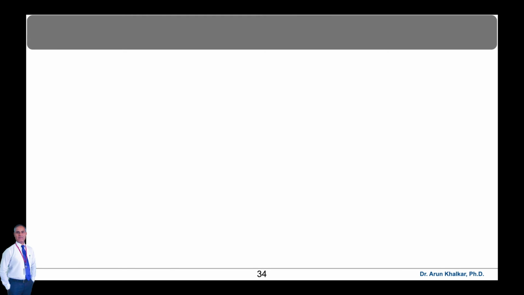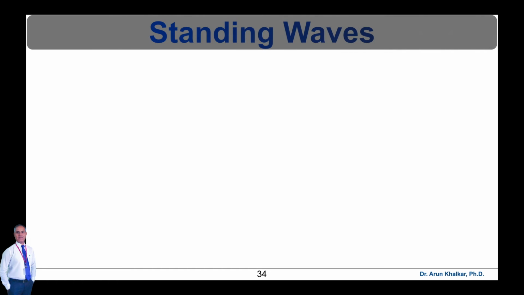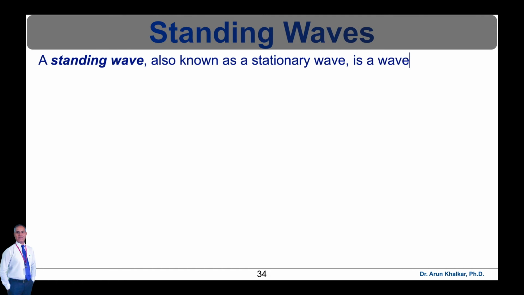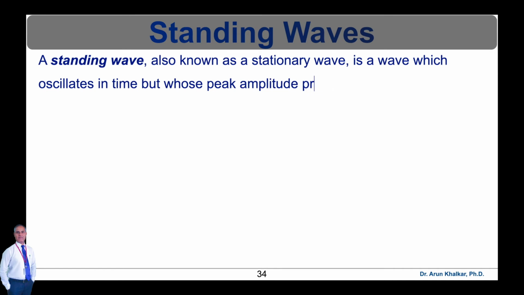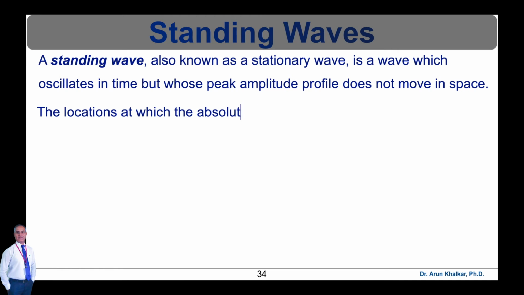Next type of wave is standing waves. A standing wave, also known as a stationary wave, is a wave which oscillates in time but whose peak amplitude profile does not move in space. The peak amplitude of the wave oscillations at any point in space is constant with time, and the oscillations at different points throughout the wave are in phase.